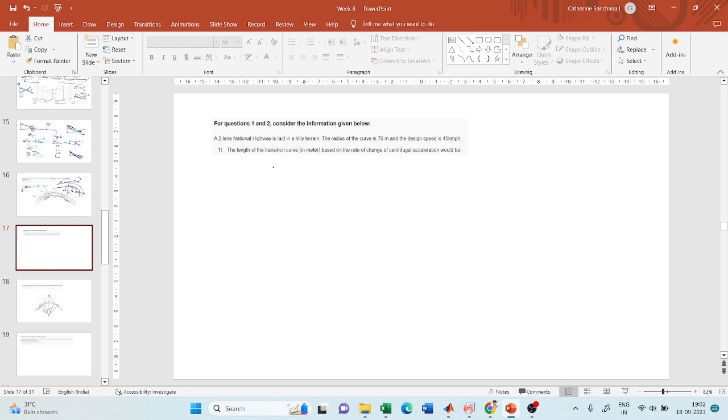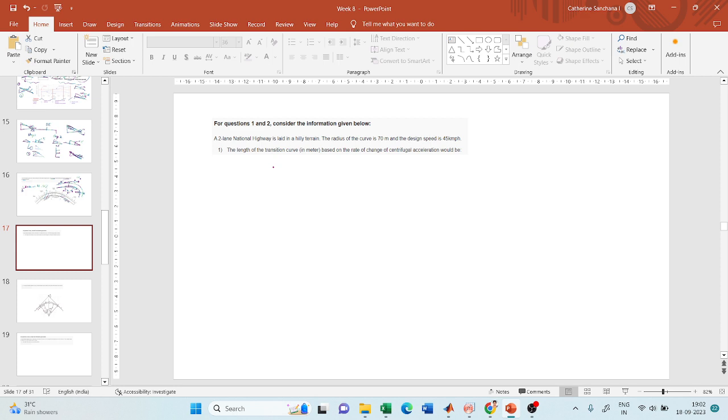Now, what should be the length of this transition curve? How will you find out this length? You already know the need for introducing the transition curve, so based on that need, you will find out its length.